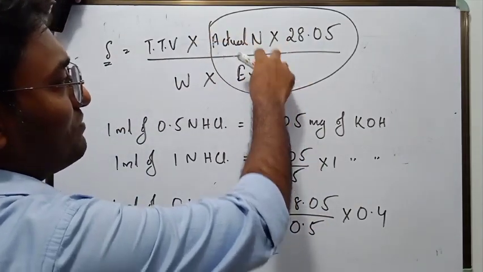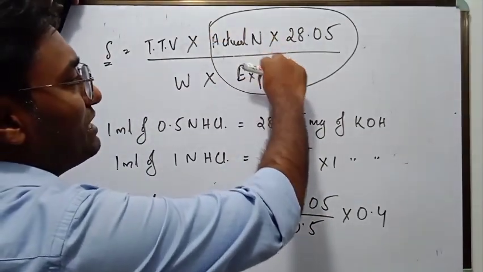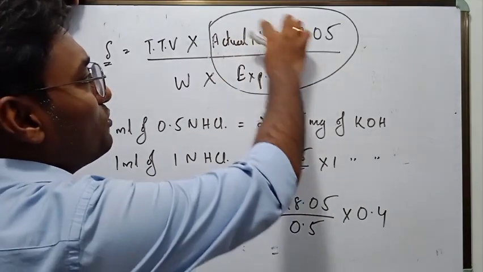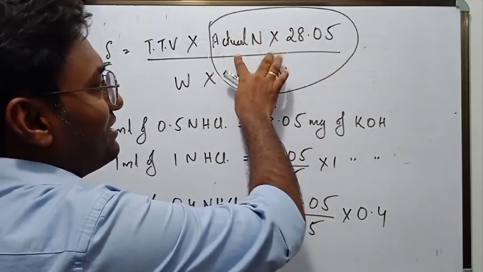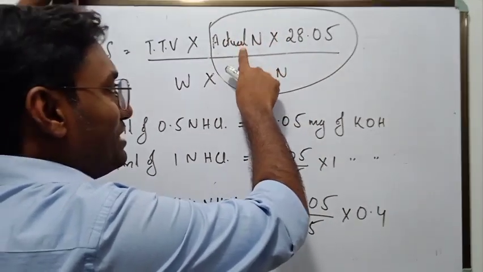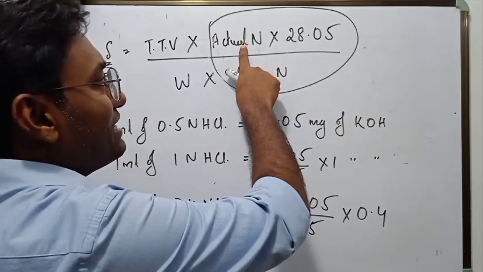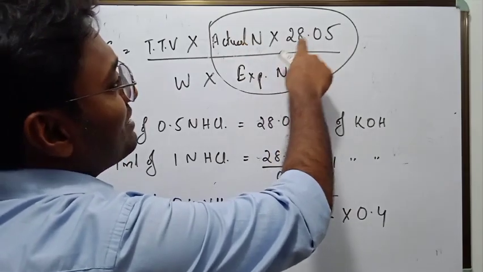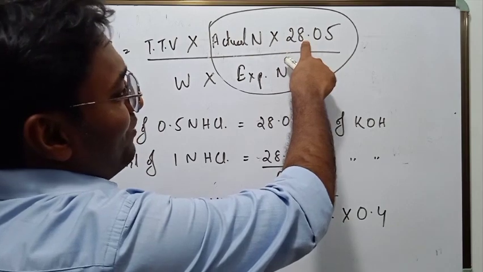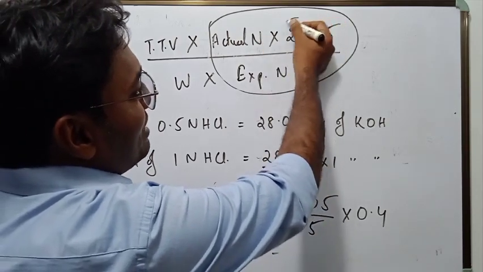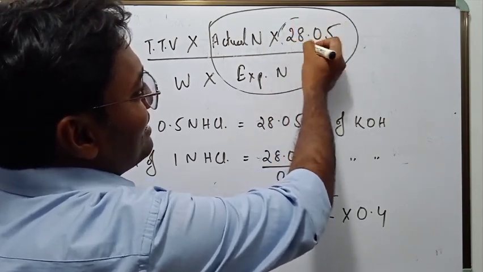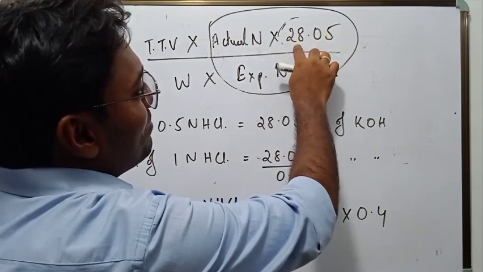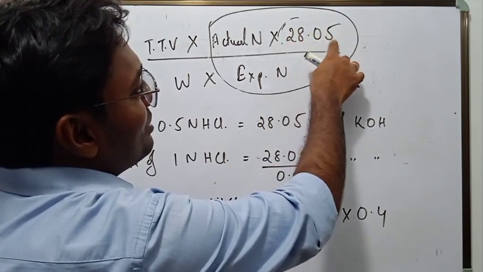When you divide actual normality by expected normality, you will get the true normality of the titrant, right? When you multiply the true normality of the titrant with the capability, this is the capability of the titrant: 1 ml is capable of neutralizing 28.05 mg of KOH.